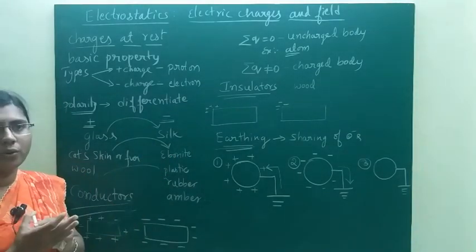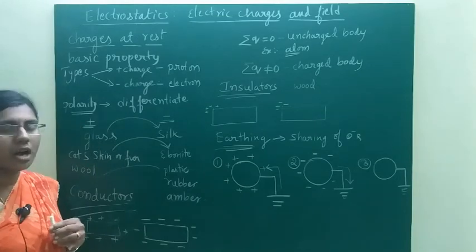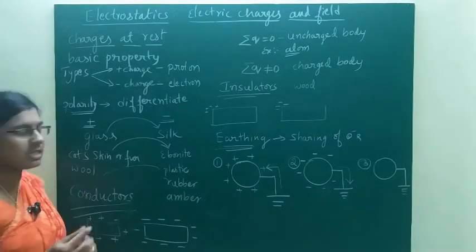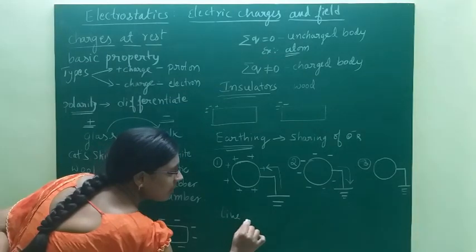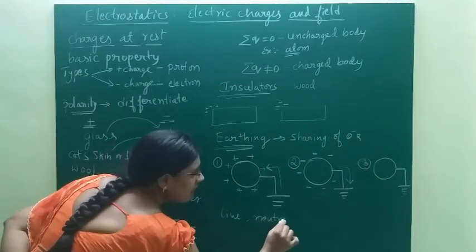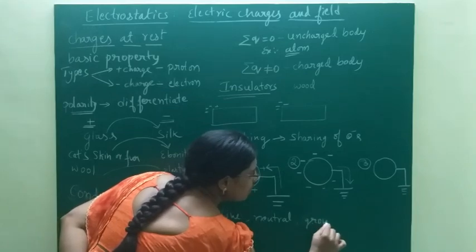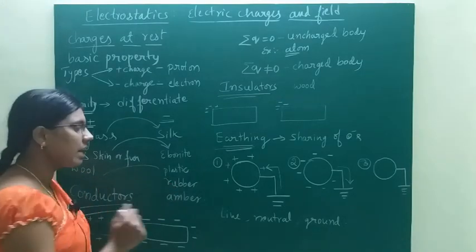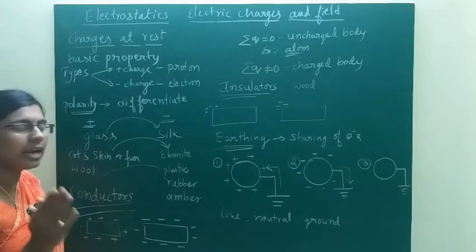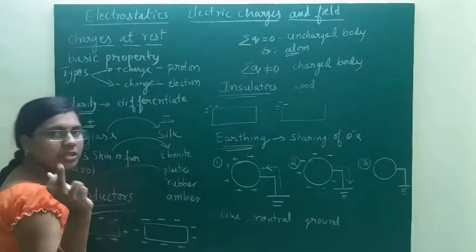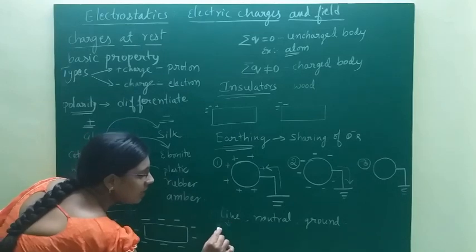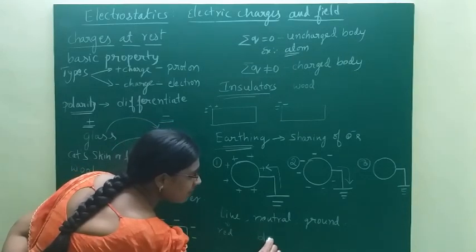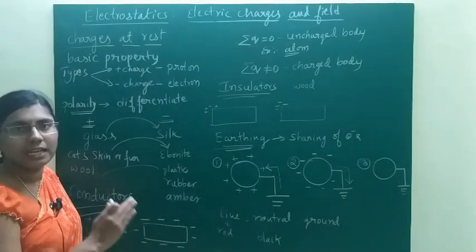We all know that from the mains to our houses, the electricity or current will be carried by 3 core wires, that is live wire, neutral wire and ground. The live wire is red in color, the neutral wire is black in color and the ground wire is green in color.